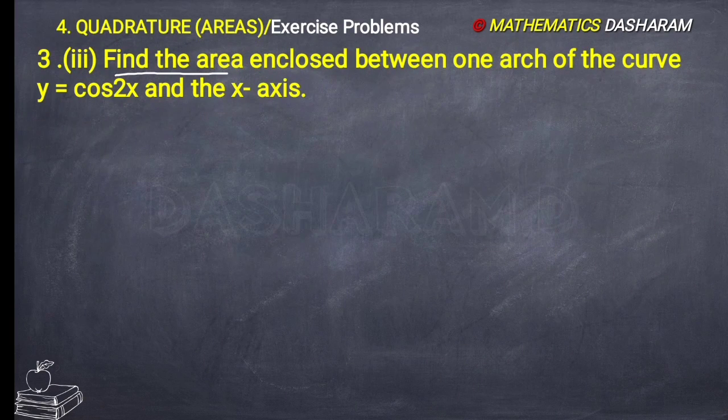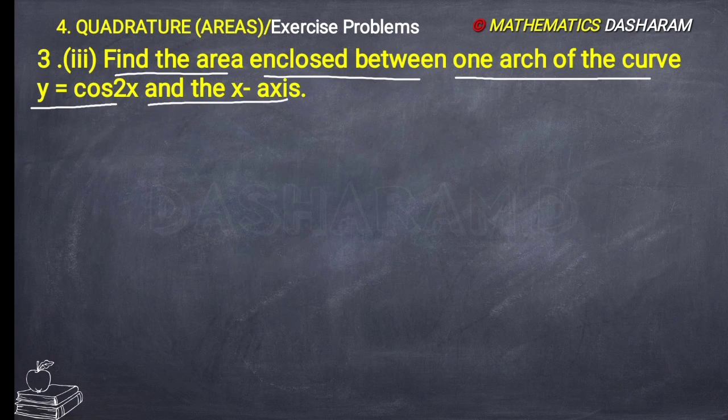Third question: find the area enclosed between one arch of the curve y equals cos 2x and the x-axis.